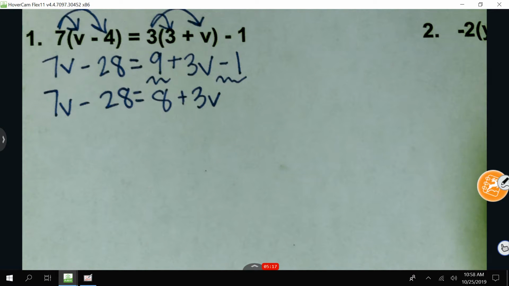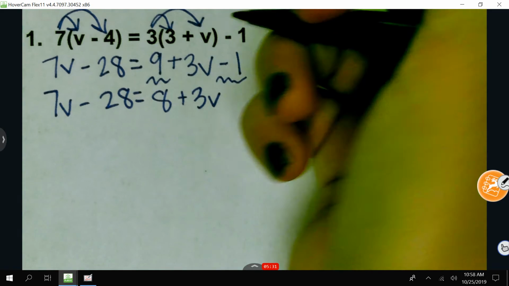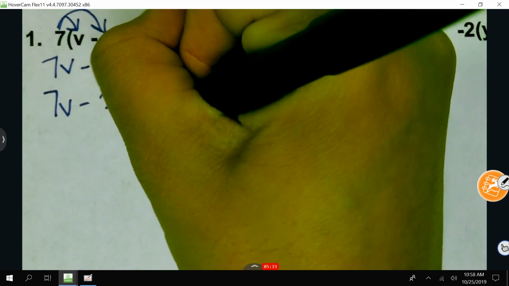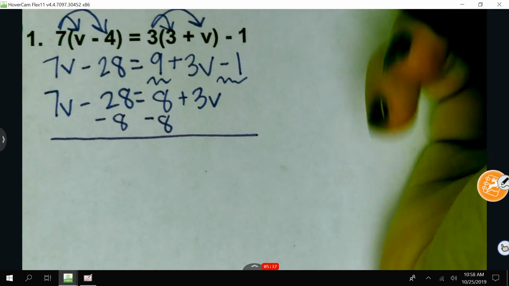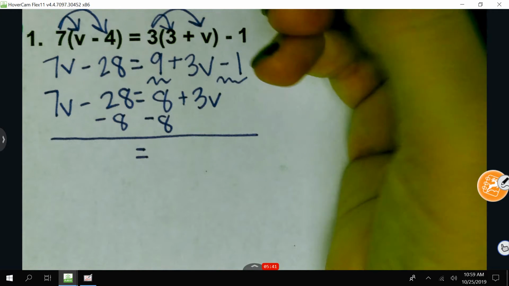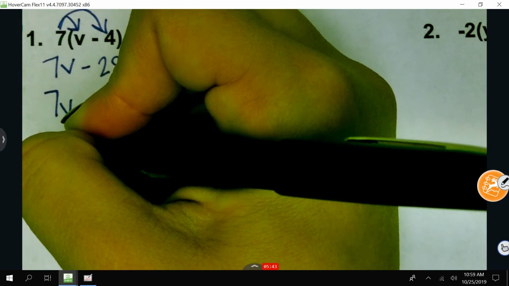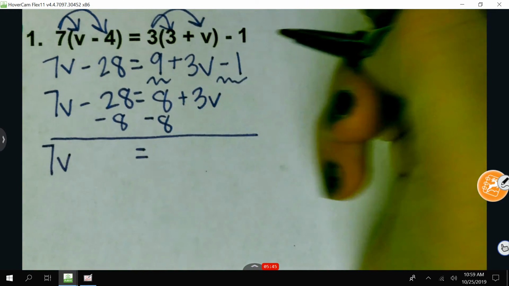What's next? Undo my addition or subtraction. So in this case, what do we want to do first? Minus 8. Okay, so you want to do the constants first. If I subtract 8 from both sides, what am I left with on the left?